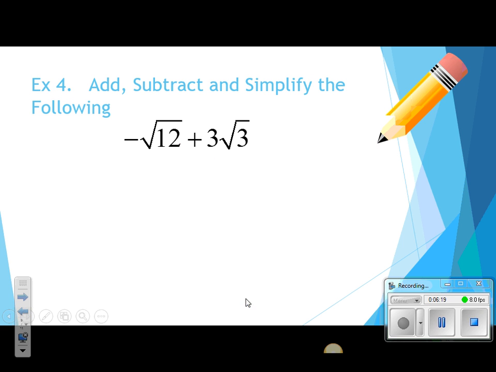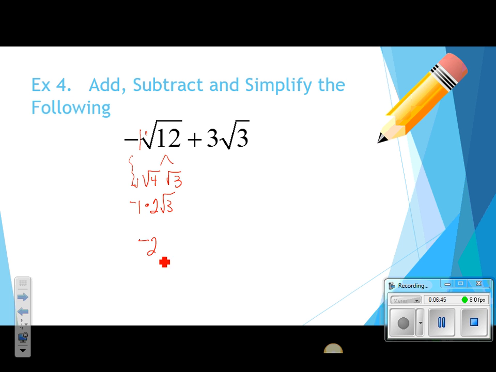Okay, let's try example number 4. Negative square root of 12. That can be broken down into the square root of 4 times the square root of 3. The square root of 4 is 2. Bring down the square root of 3 because that can't be broken down. And this says negative 1 times the square root of 12. So then we can bring this negative 1 down.